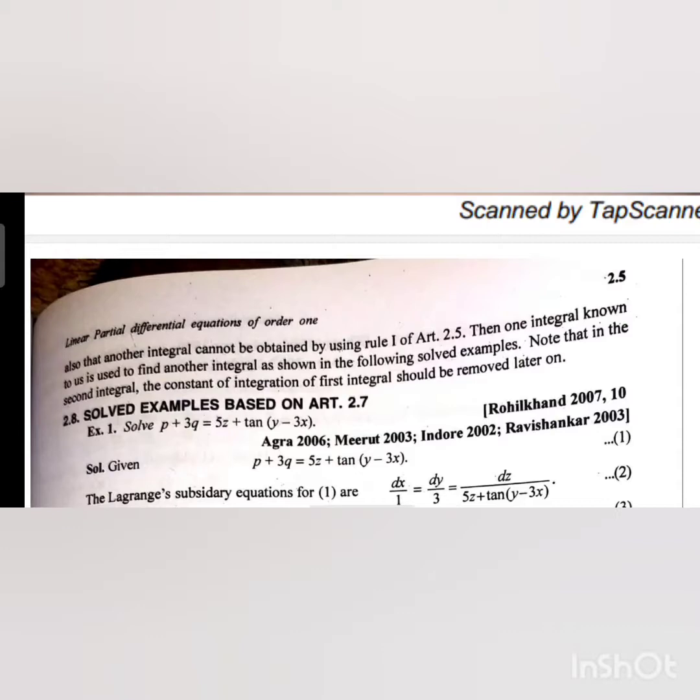Note that in the second integral the constant of integration of the first integral should be removed later on. It means we have to find one constant directly by integrating any two fractions. Then to find the other constant, we have to use the value of the constant which we received earlier in the same question. When we discuss the question, it will be more clear to all of you.